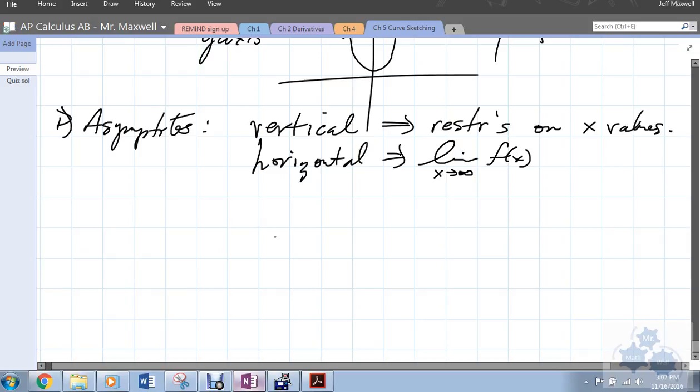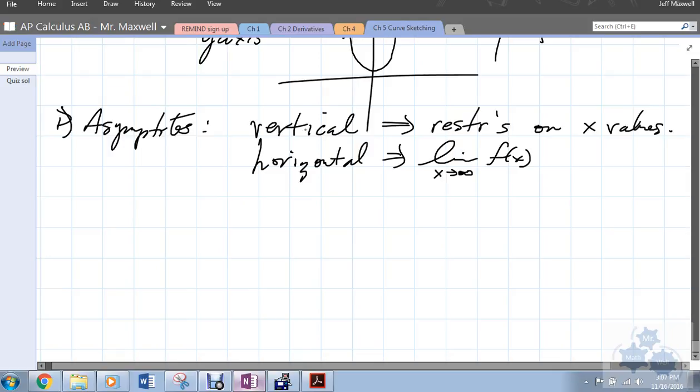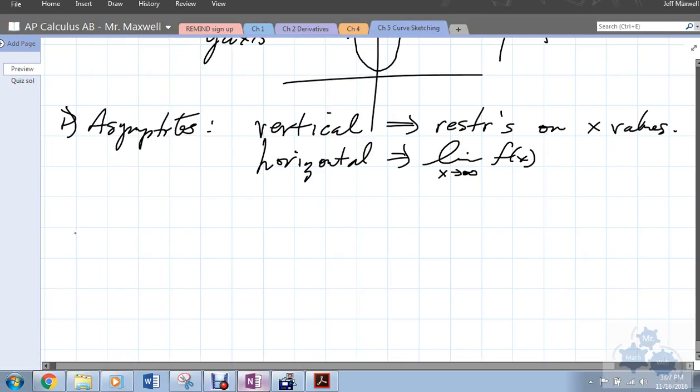And you just quickly, and again, some of these headings, you're not going to have to do much work. But maybe there's no restrictions, so there's no vertical asymptotes. Maybe the limit as x approaches infinity is just infinity. Like it's some sort of polynomial function, so there's no horizontal asymptote. So you can notice that right away. You can keep moving on through there.